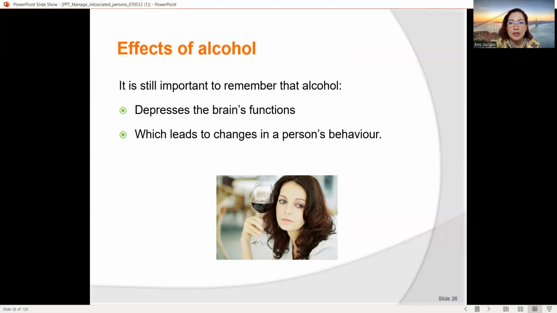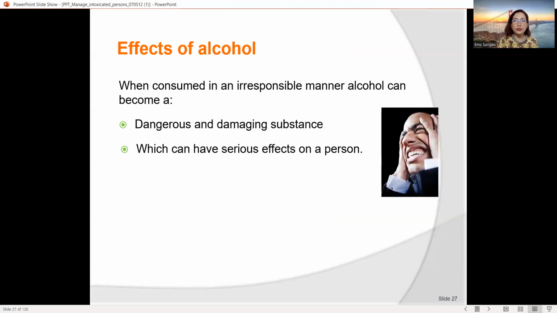Then as impaired effects, you will not remember things. And sometimes you walk dizzy. So that's the effect of alcohol. You will forget what you did last night. Okay, so those things may happen.